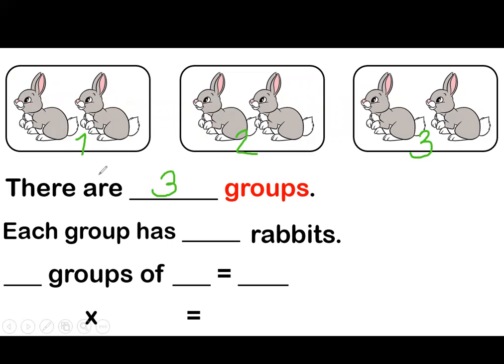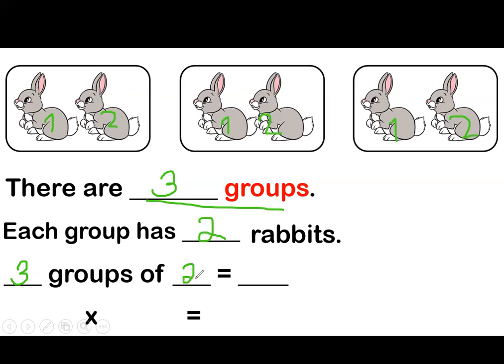Each group has how many rabbits? 1, 2, 1, 2, 1, 2. So each group has 2 rabbits. How many groups? So we write 3 groups of how many rabbits?